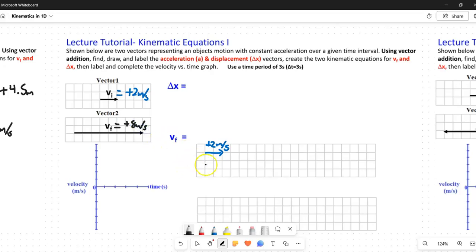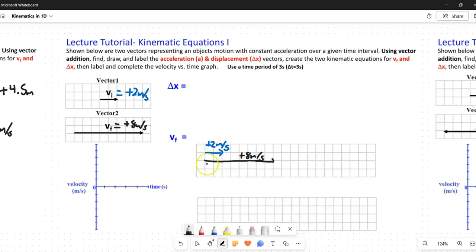So if our final velocity is positive 8 meters per second, I'm going to try to write that here. 1, 2, 3, 4, 5, 6, 7, 8. Here we go, which is positive 8 meters per second.